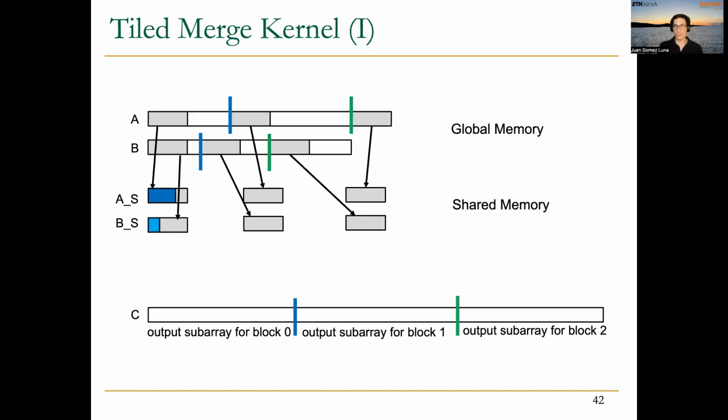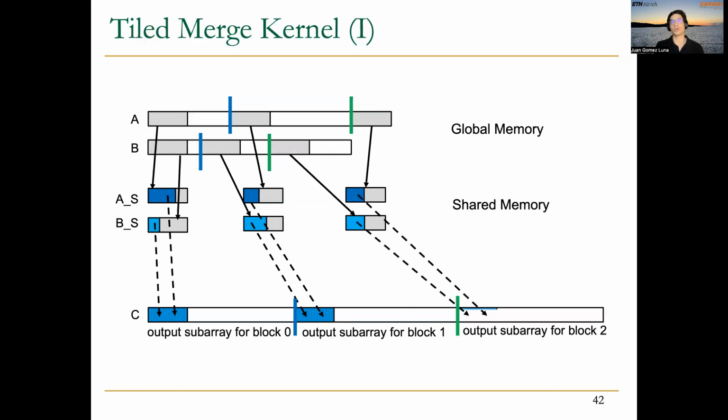And now that we have the tiles in shared memory, we start merging them. So these two blue sections, A of S and B of S, are going to be merged and placed in the output array. And same for block 1, and same for block 2.